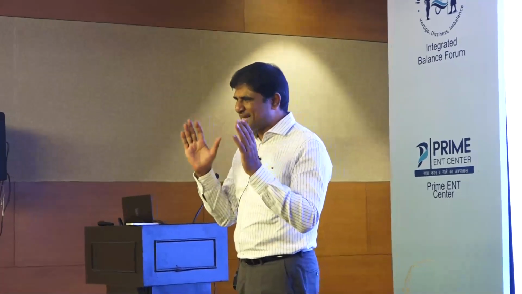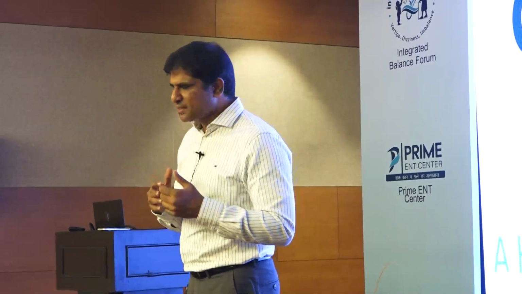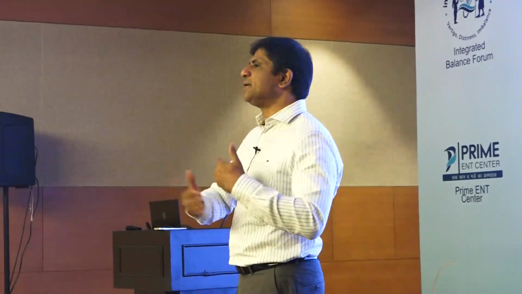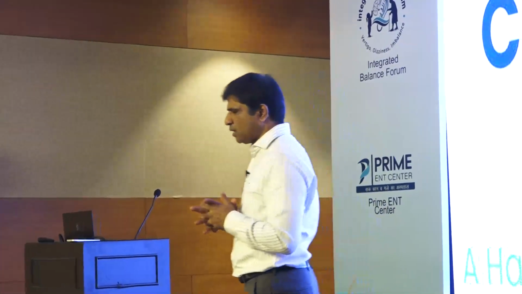But before that, what is a stable image? What is a clear image? What is a sharp image? Our retina works like a camera. When you look at a video, it is nothing but a series of images. So when you take one particular picture, let us consider this.